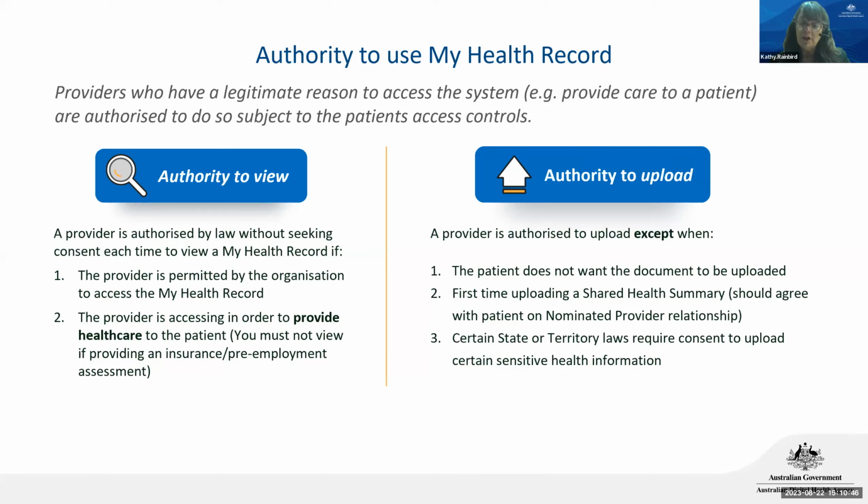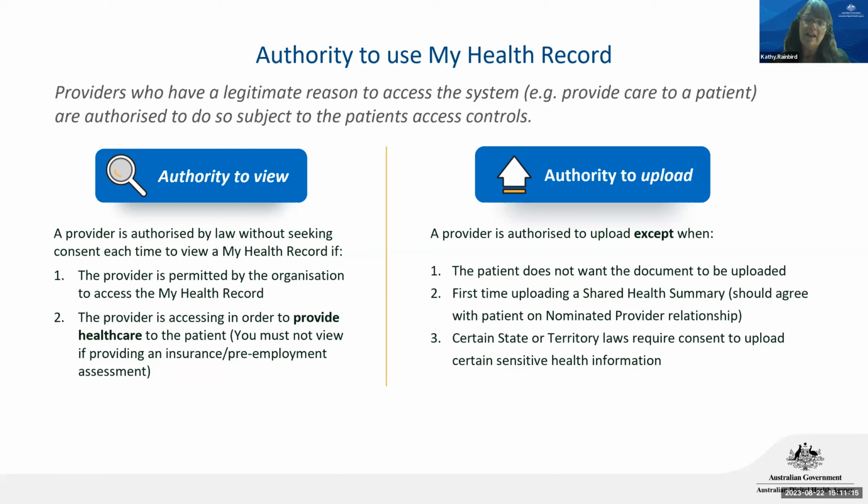In terms of uploading, you again are authorised to upload, so for instance, your specialist letter, without having to ask the patient specifically. If a patient does say that they explicitly don't want information uploaded to their record, then you do need to make sure you comply with that request. So they're the exceptions. If someone says, please don't add this to my record, you need to make sure you uncheck the box which lets you upload.